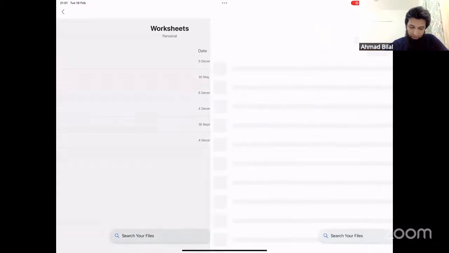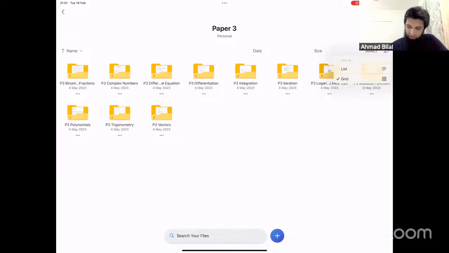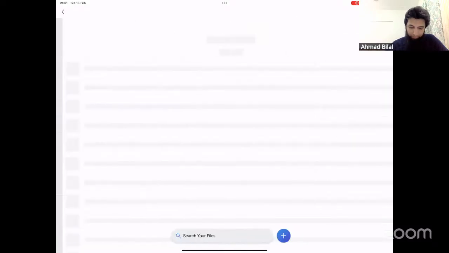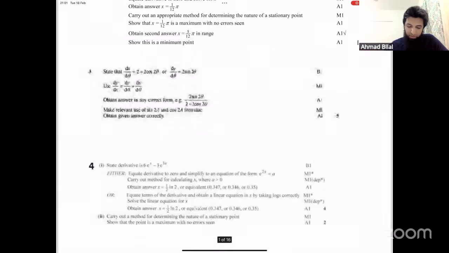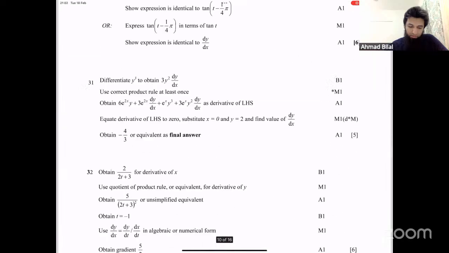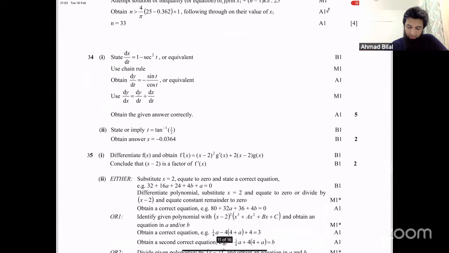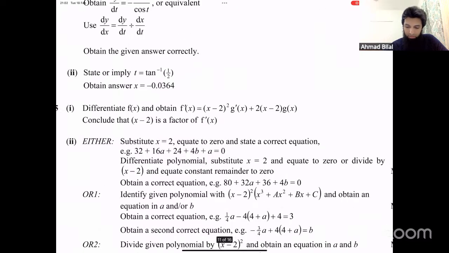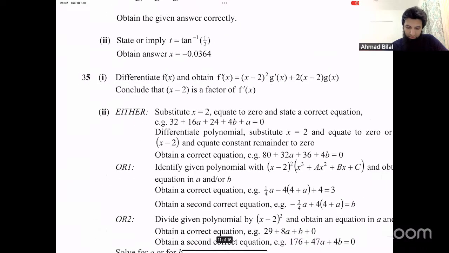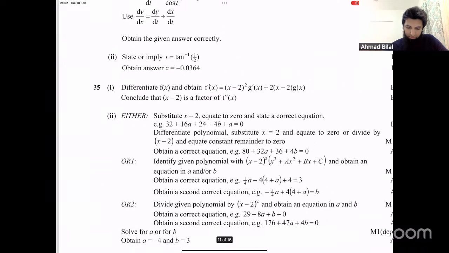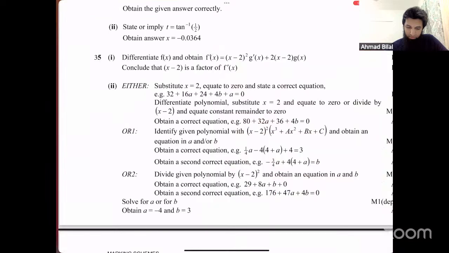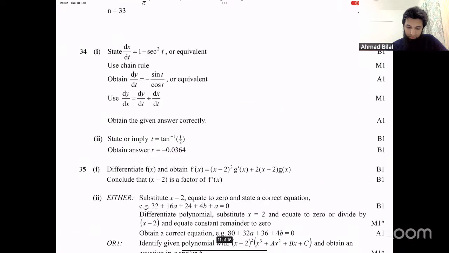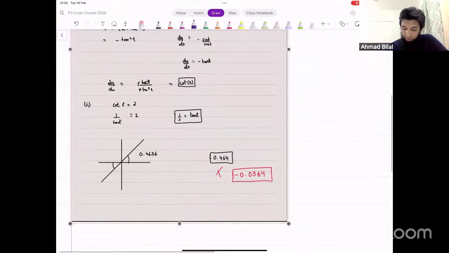Worksheet P3 differentiation. क्वेश्चन नंबर क्या थे? 34. 34 है. इब्राहिम, हाँ जी सर. क्या लिखा हुआ है? 34 माइनस 0.0364. यही तो आ रहा है आप. सर ये कैसे आ रहा है? 0.464 आ रहा है. इब्राहिम, आपने खुद ही लिखा हुआ है बेटा ये.